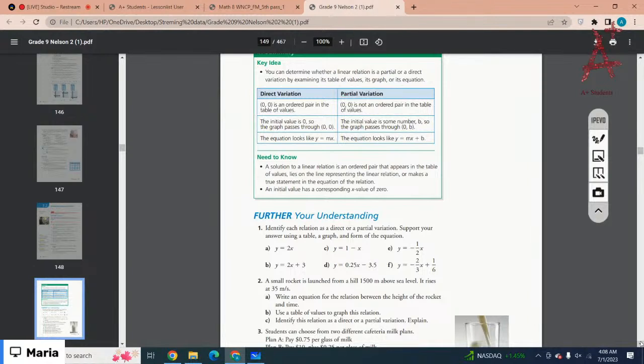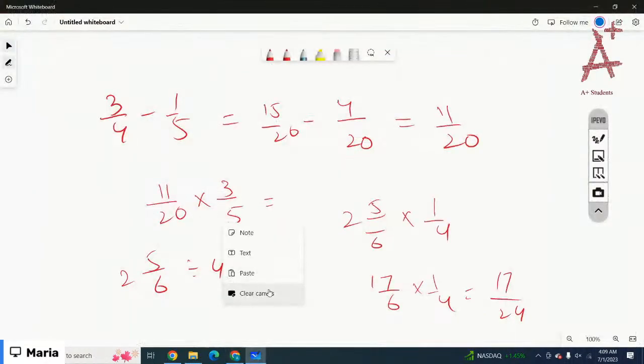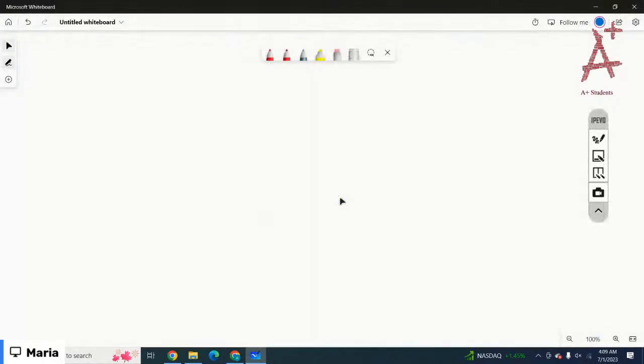Let me just write it down on the board. Okay, y equals 2x.